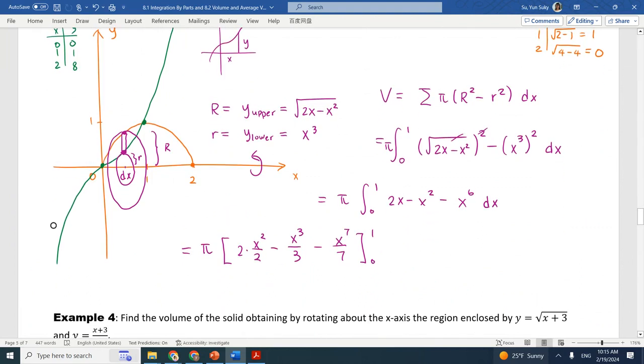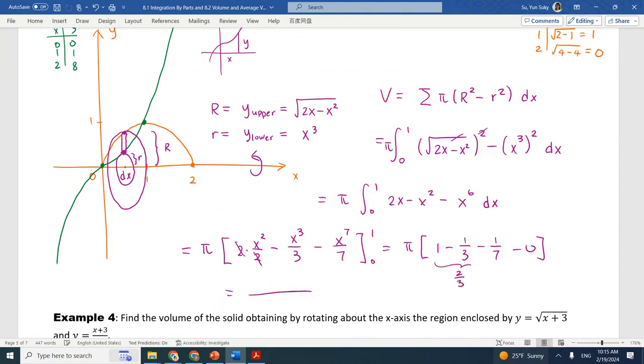And then we continue. So the 2 cancels. We plug in 1. So 1 squared is 1. Minus, we plug in 1, so 1/3. Minus, we plug in 1, so 1/7. What happens if we plug in 0? They all become 0. So then the final answer is 1 minus 1/3 minus 1/7. 1 minus 1/3 is 2/3.